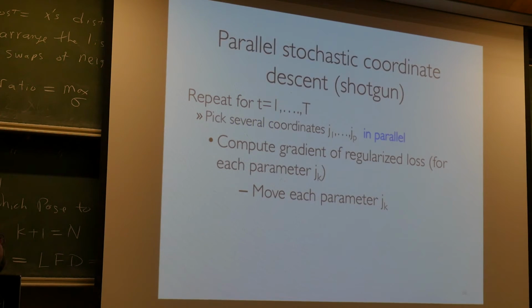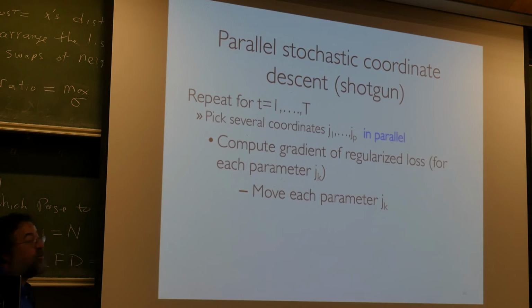Here's another way of doing it. Instead of choosing one coordinate at random, we'll choose a bunch of coordinates, again at random, but in parallel. For each of these coordinates, we compute the gradient of the regularized loss. So maybe I've got 10 coordinates here.